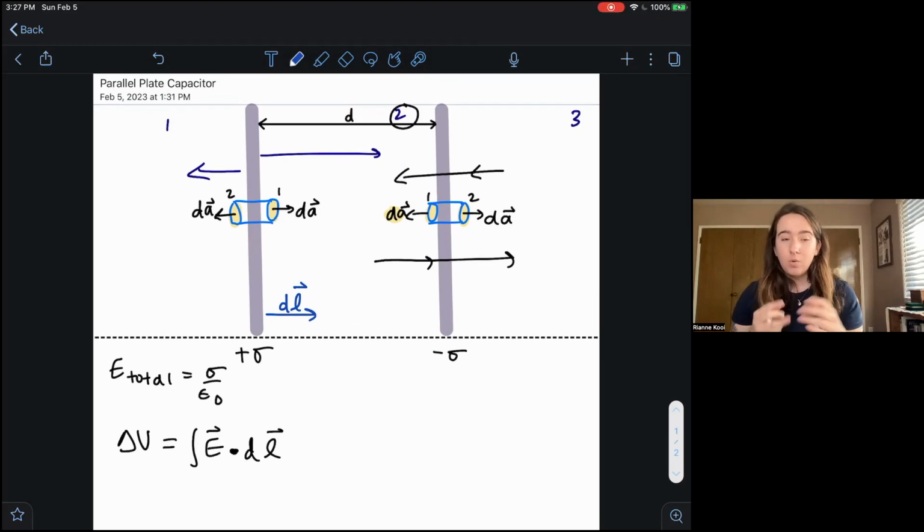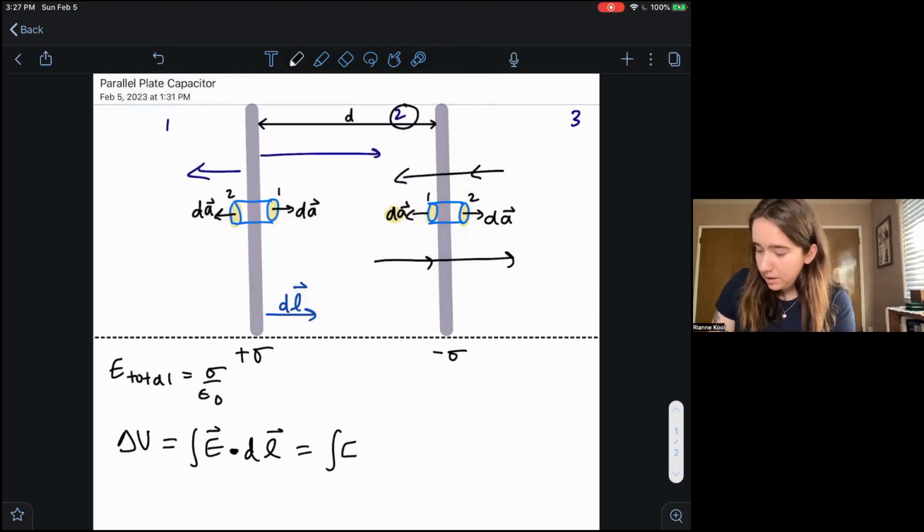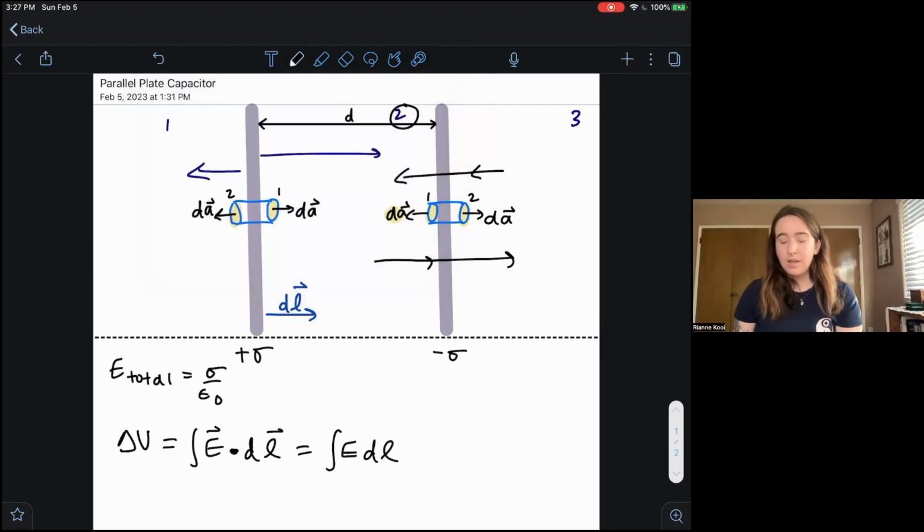And so now we are left with E dl. And we already know that our electric field is constant in this region, because the electric field is constant from the positive plate and the negative plate. So when we add them together, it's still constant. It's just double what it was before.